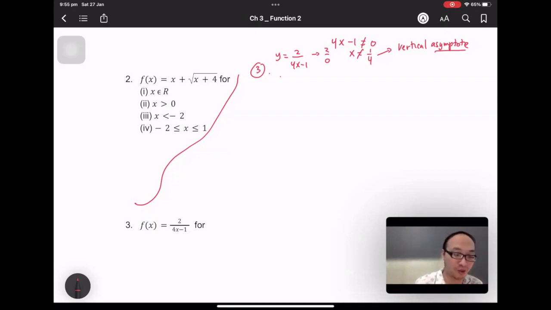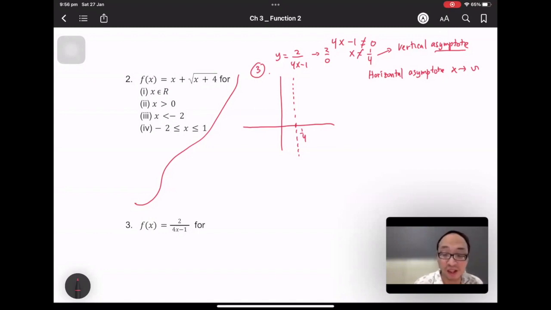So when you draw it, there will be a vertical asymptote here, at 1 over 4. And the other one is the horizontal asymptote, which is when x goes to infinity.